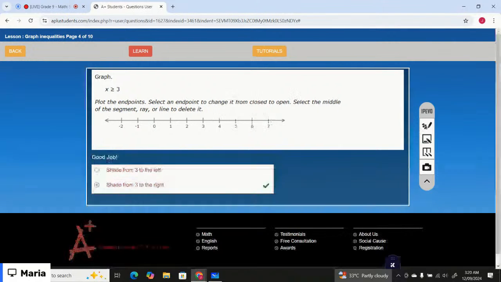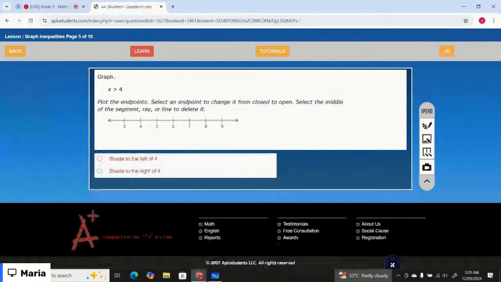Option number 2 is the correct option. Now x is greater than 4. Which is the correct option?